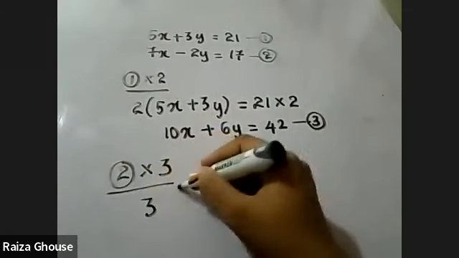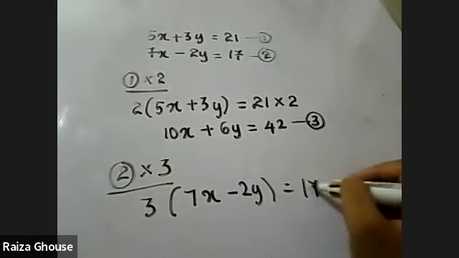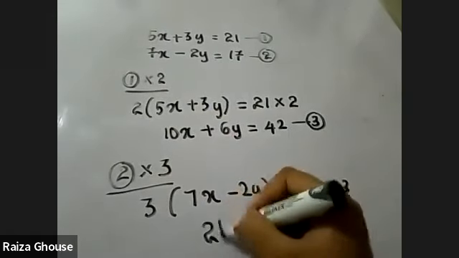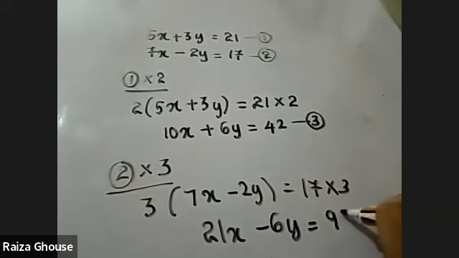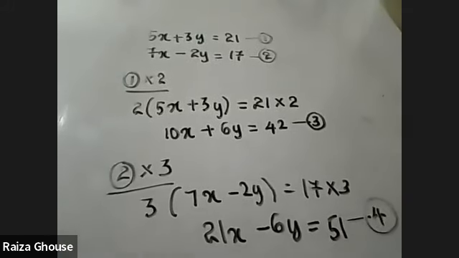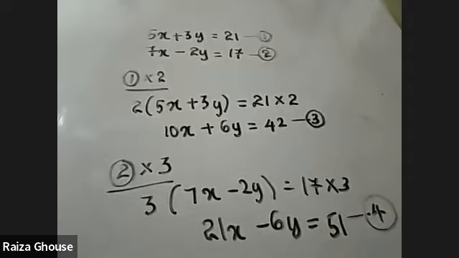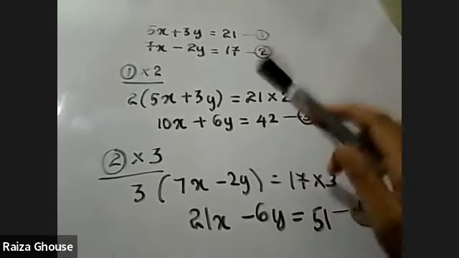So we multiply the whole second equation by 3, both sides, and you write 21x minus 6y equals, you are getting 51. Anyways, what was our plan here? Our plan was to make the coefficients same. If you have the same coefficient, you know what you have to do, add or subtract.